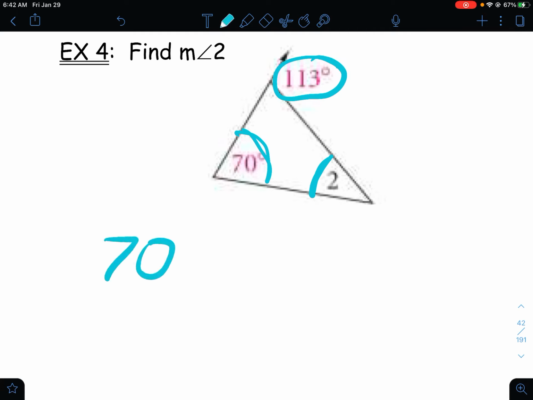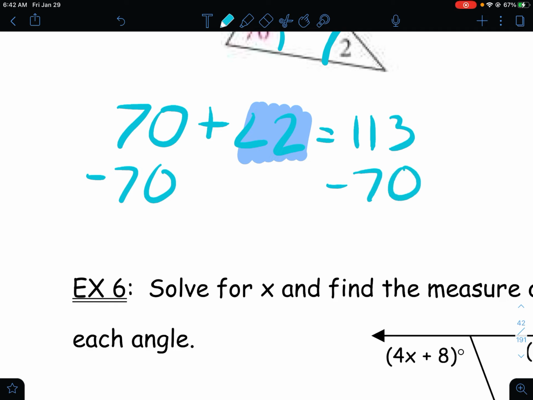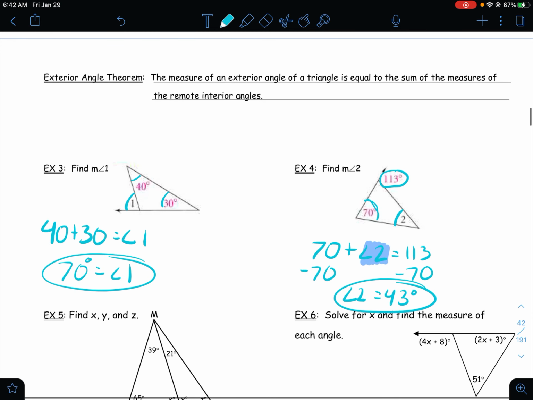So we'll say 70 plus angle 2 equals 113. How do I solve for angle 2? I just need to isolate it. So I'd bring 70 over. So I do 113 minus 70. And I get 43. So angle 2 is equal to 43 degrees.